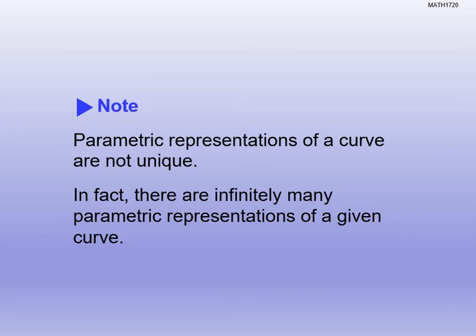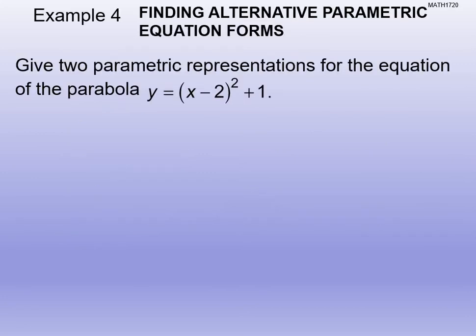Okay, so parametric representations of a curve, they're not unique, and there are many parametric representations of different curves. All right, so now we have to go the other direction. Before, we had two parametric equations, and then we were able to find the rectangular version of them.